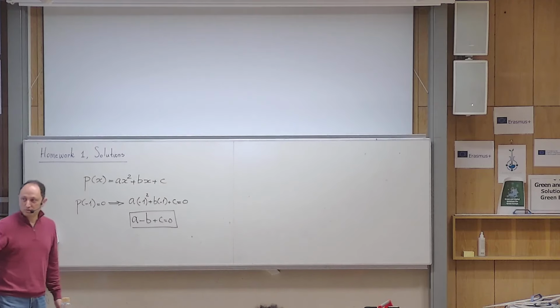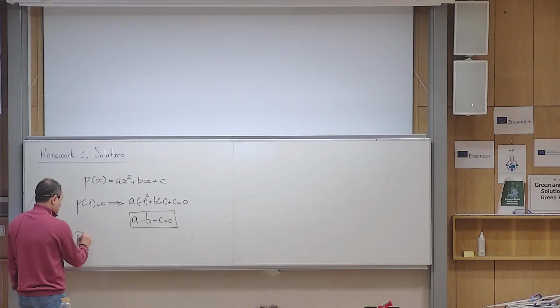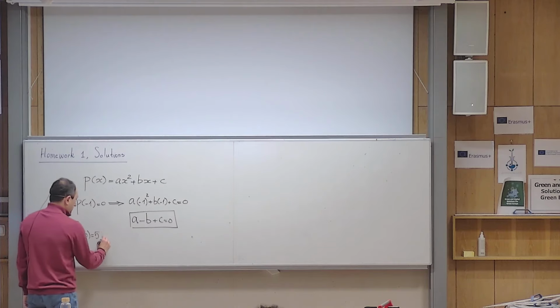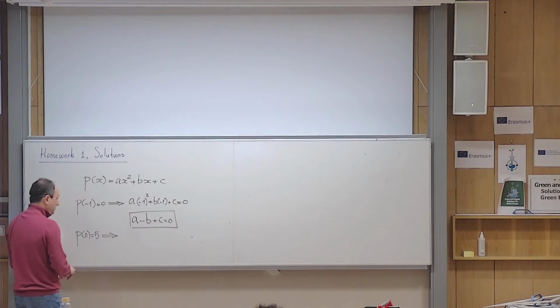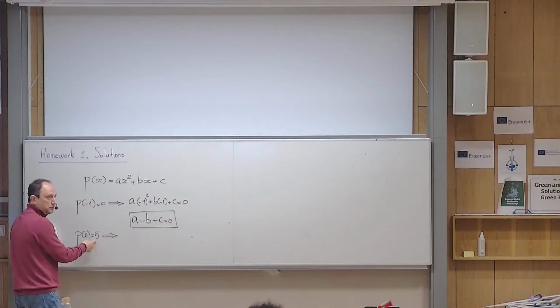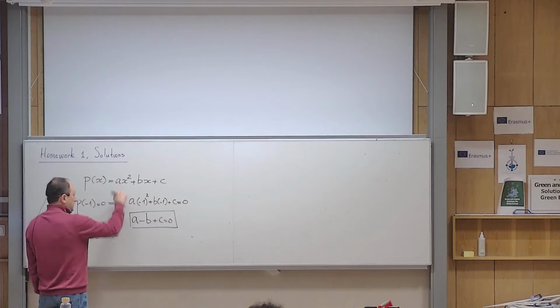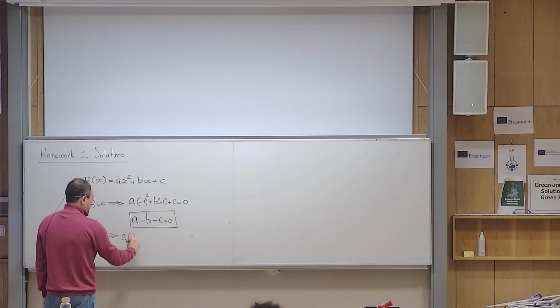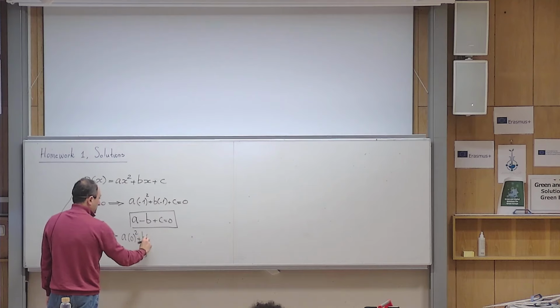And then you understand what the rest of it is. The rest of it is p of 0 is 5. So what does it mean? Let me repeat once more. It means that if you go to p and replace x with 0 everywhere, the output is supposed to be 5. So I go to my p, and I replace every appearance of x with 0. This is the output on the one hand.